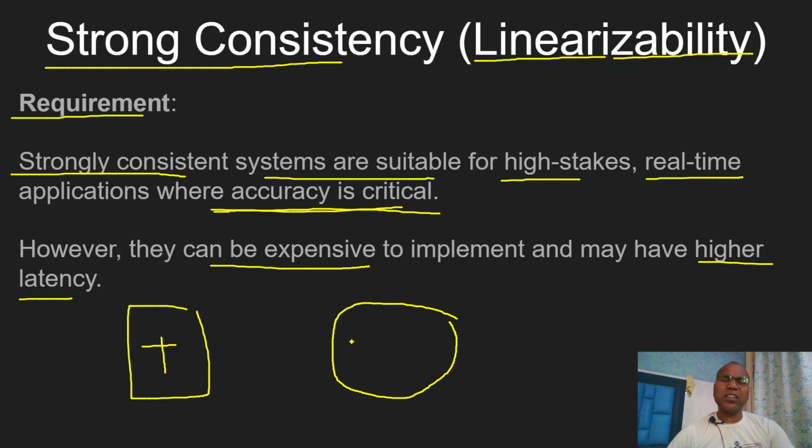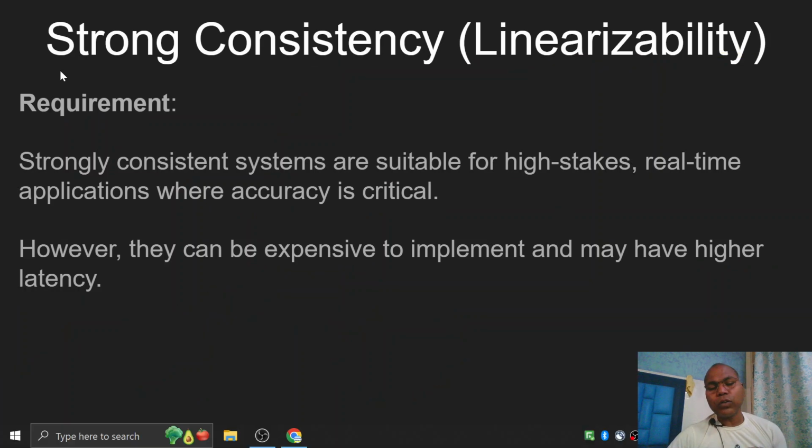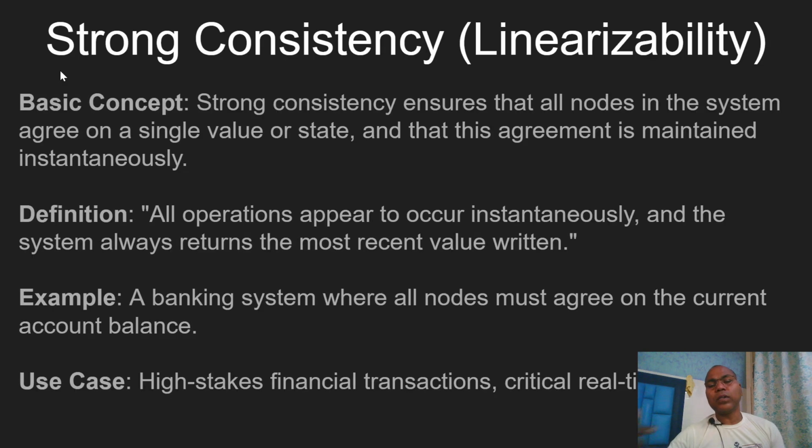This is some kind of trade-off: whenever you ensure very strong consistency, you lose on latency. Latency is your response time: if a user makes a request, how much time it takes to get the response. So if we implement strong consistency, we have to accept higher latency in the system. We have to compromise something.